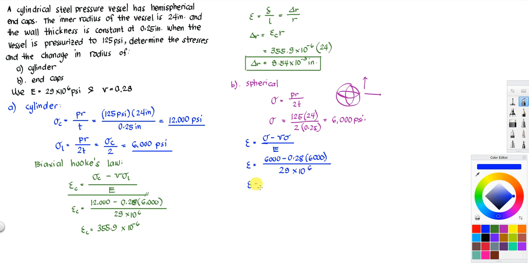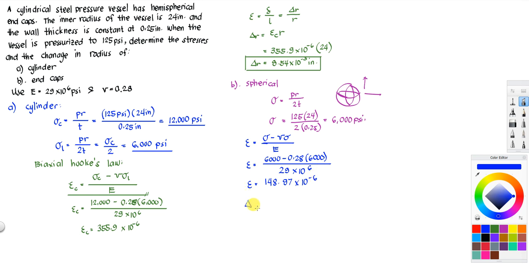So I will have here 148.97 times 10 to the negative 6. Again, that is unitless.